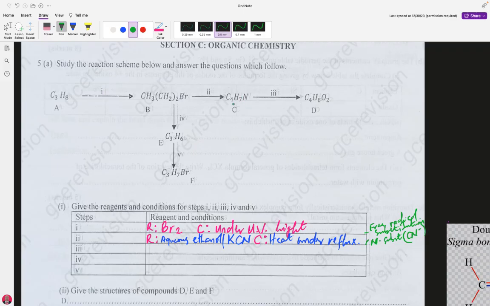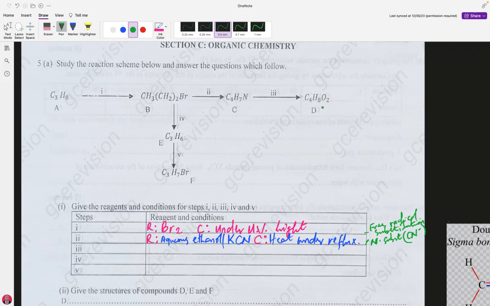And how is this nitrile converted to a butanoic acid, into an acid? For nitriles to be converted to acid, we have to undergo acid hydrolysis. That is hydrolysis in acidic medium. You hydrolyze the reaction in acidic medium.